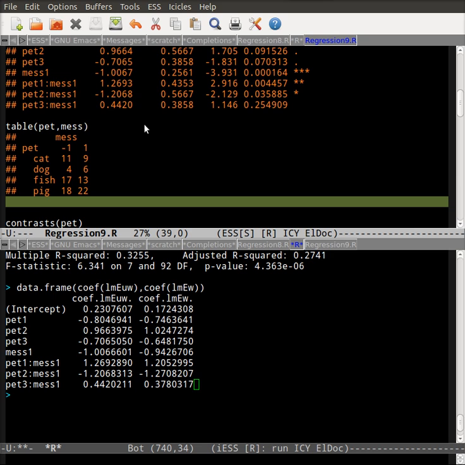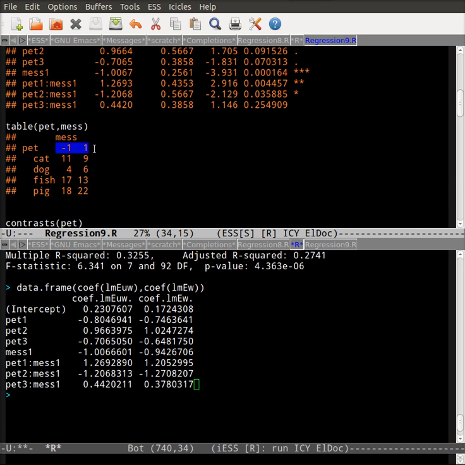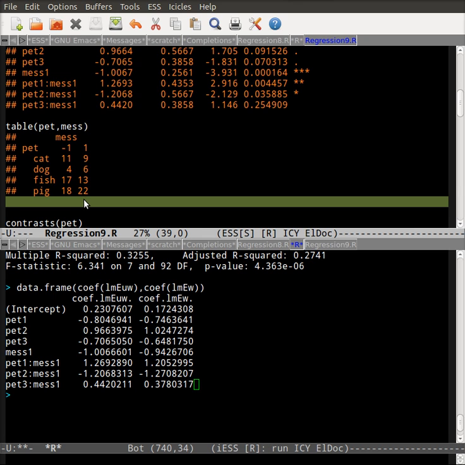So take a look at this table here, and you'll see the codes for mess, no mess versus mess, and then cat, dog, fish, and pig. You'll see that these are cell counts: in total there were 20 cats, 10 dogs, 30 fish, and 40 pigs, and you'll also notice that all of the cells are of different magnitude.